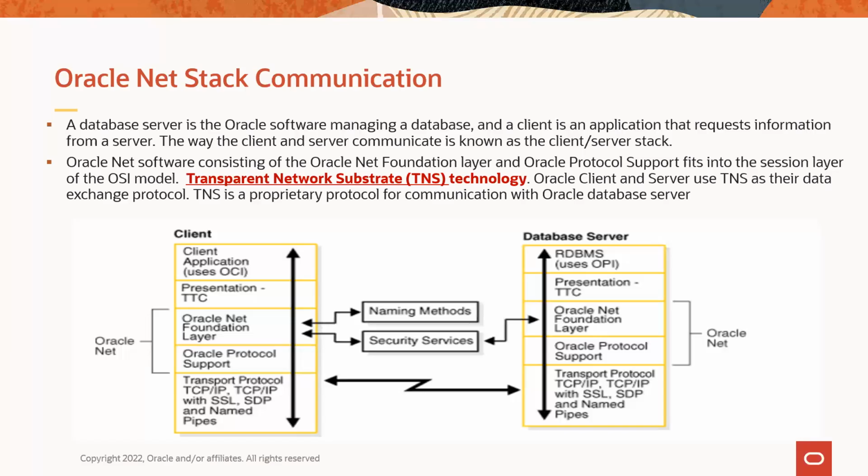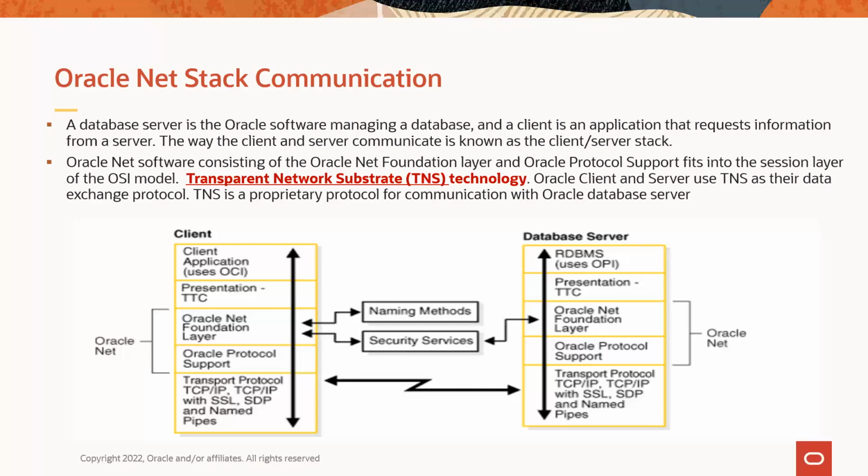So to understand how an Oracle client and Oracle database are communicating, there should be a language. So the language is the protocol. So what is the protocol? The information they both exchange is nothing but the TNS protocol.